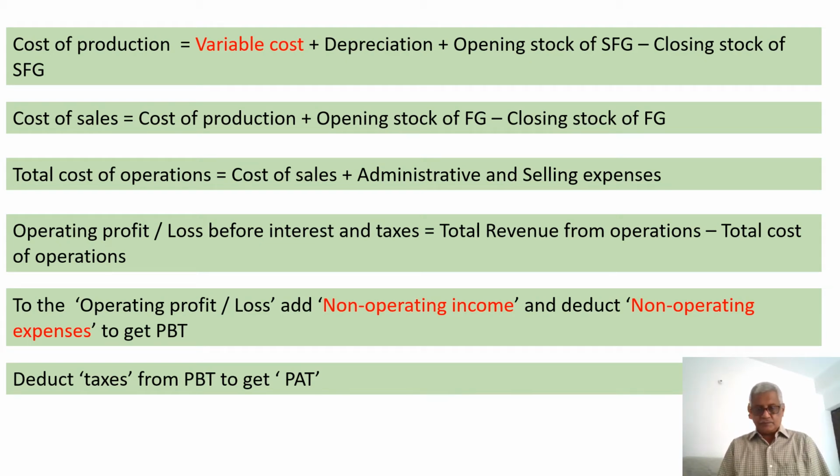For example, raw material consumption, power cost, fuel cost, stores cost, spares cost, wages. Wages, please understand, is different from salary, because wages is paid to the laborers as a remuneration. Whenever the production increases, I need to employ more laborers, and naturally my wage cost will go up.